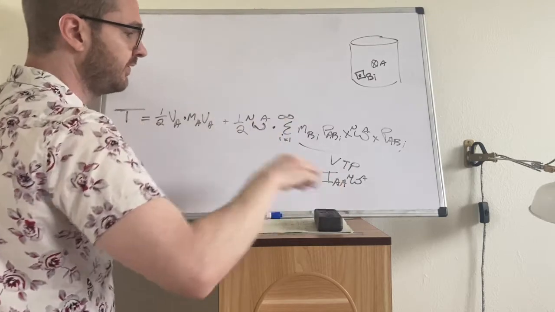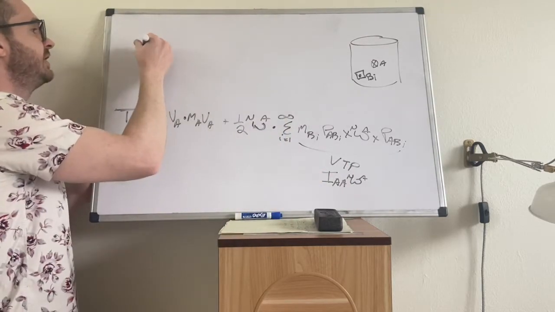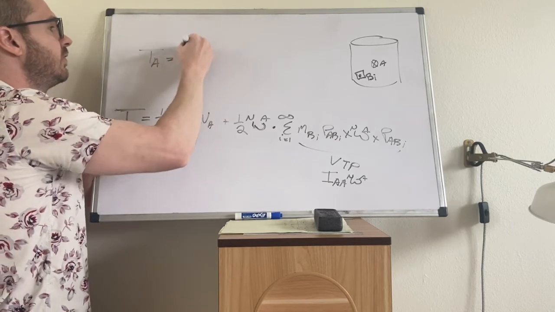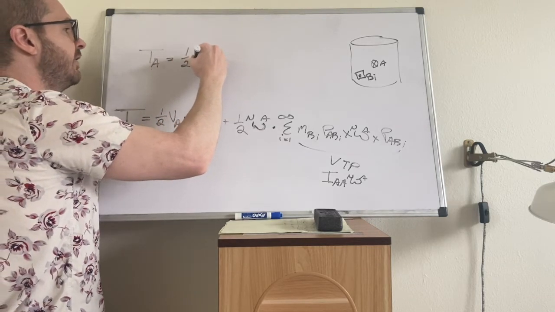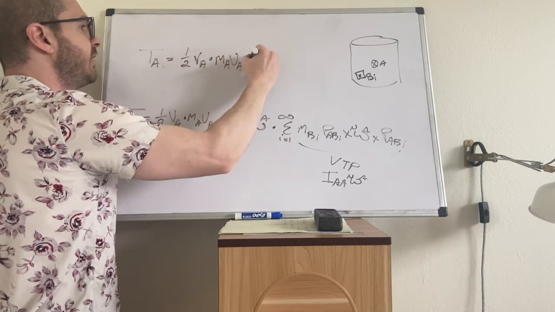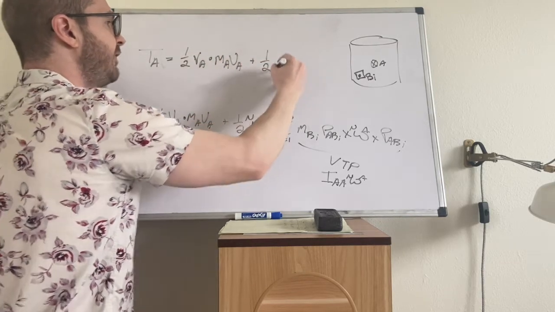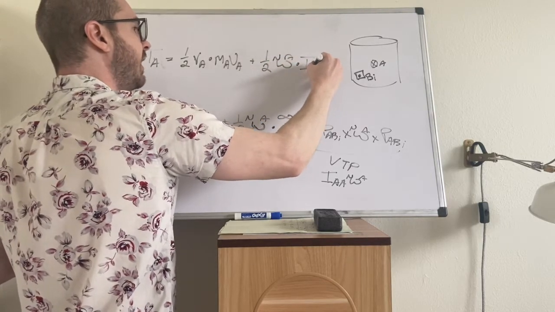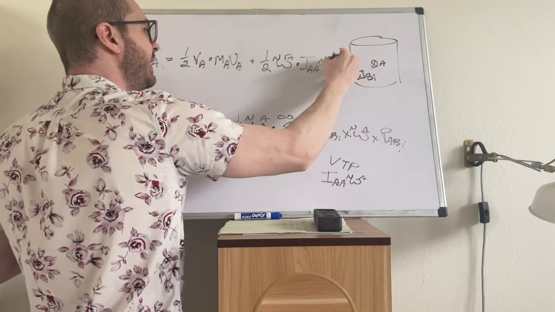At the end of all this, our kinetic energy is 1/2 V_A dot M_A V_A plus 1/2 omega_NA dot I_AA omega_NA.